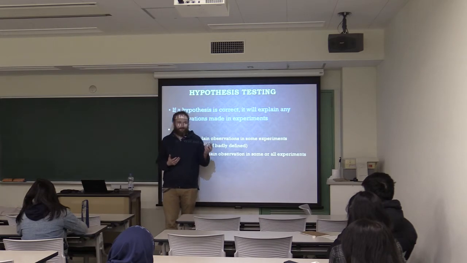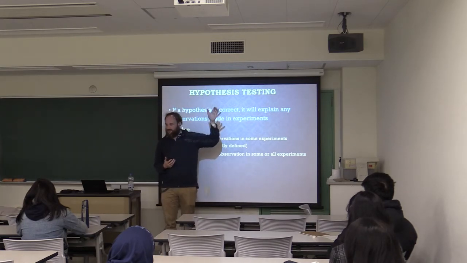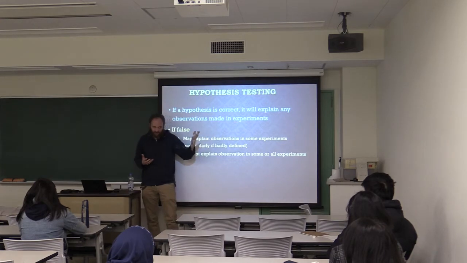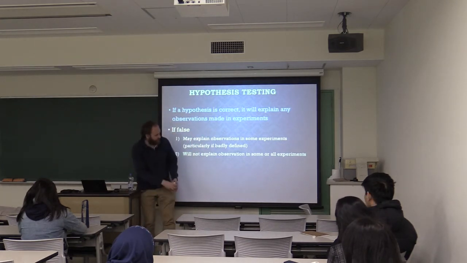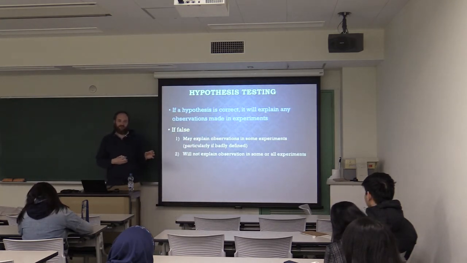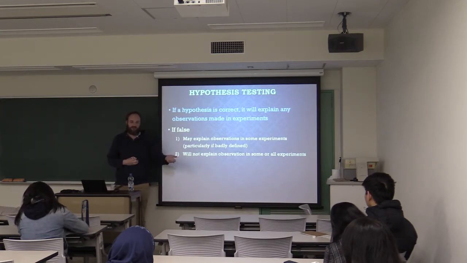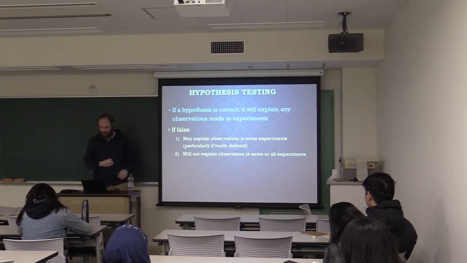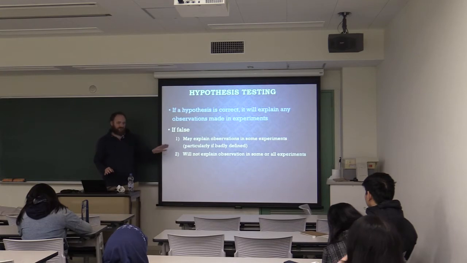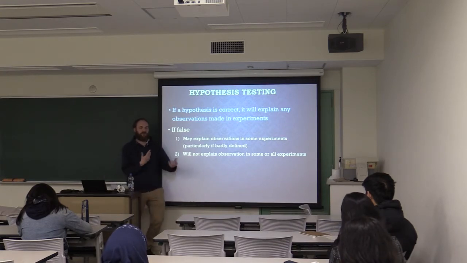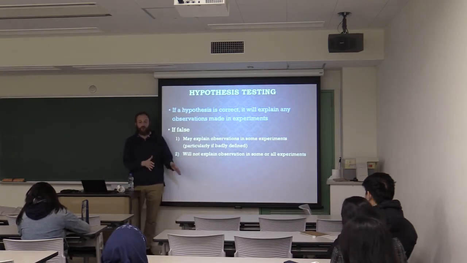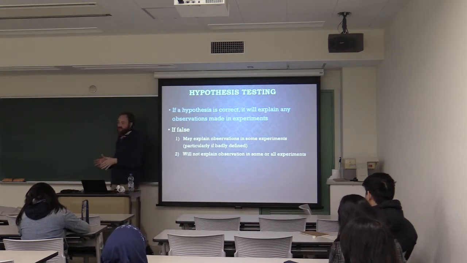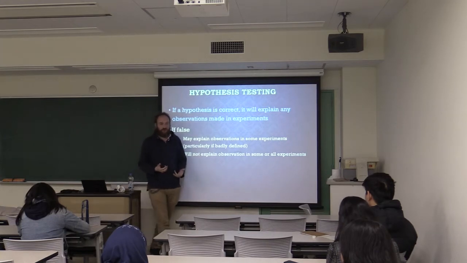But if I drop this, it's still going to fall to the ground. So even if our hypothesis is wrong, it could still explain an observation. But if our hypothesis is wrong, there's some experiment out there somewhere that we could do that would prove it wrong. There is some way to test it and prove it wrong if it's actually wrong.